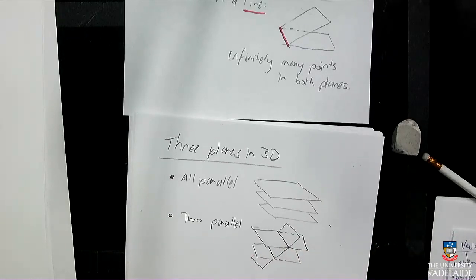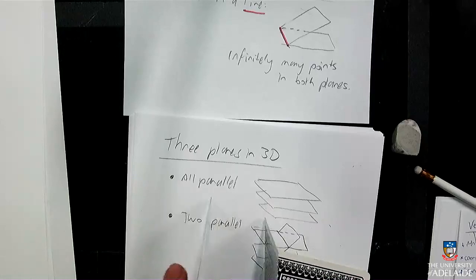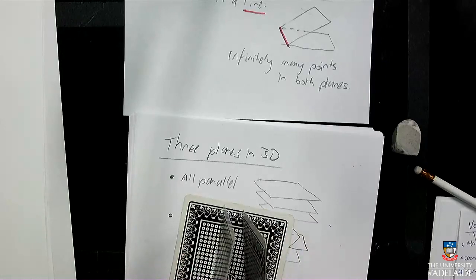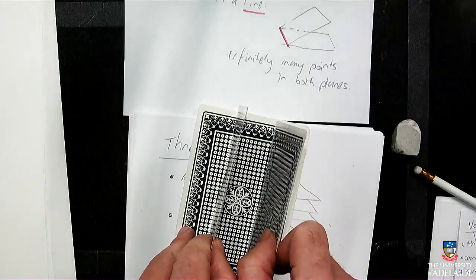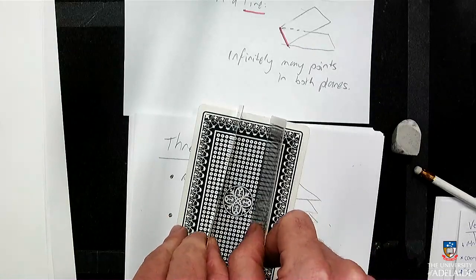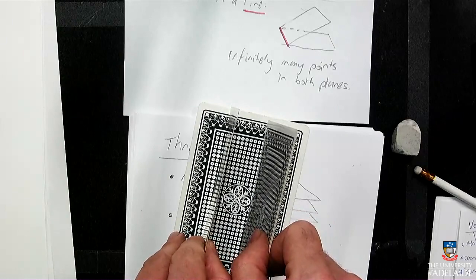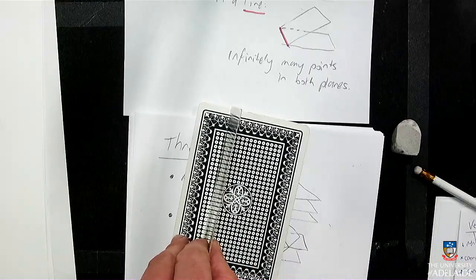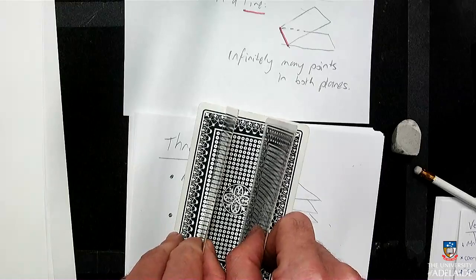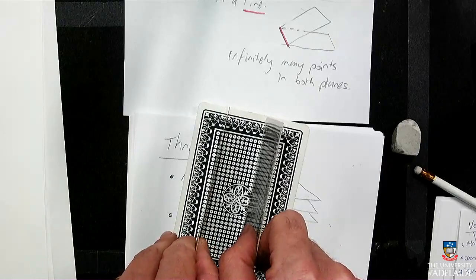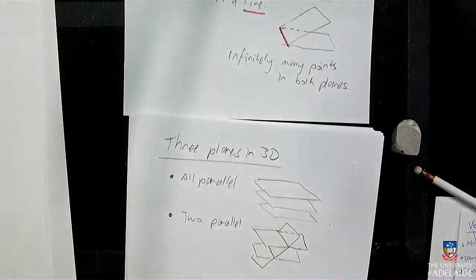And as long as these two are parallel, it doesn't matter what the other one's doing. There's never going to be a point in all 3 because there's not a point in just these 2. If I look at those 2, they meet in a line. Have a look at those 2, those meet in a line. But these 2 still don't meet at all, so there can't be any points in all 3 of them either.